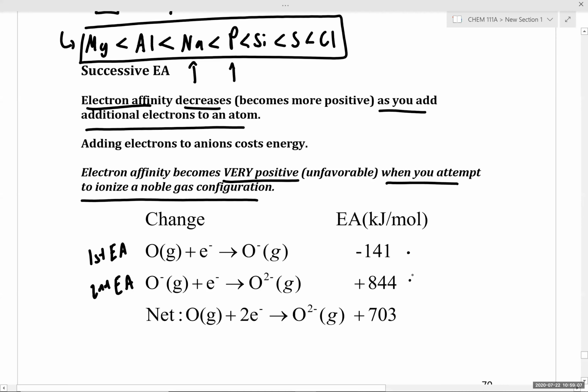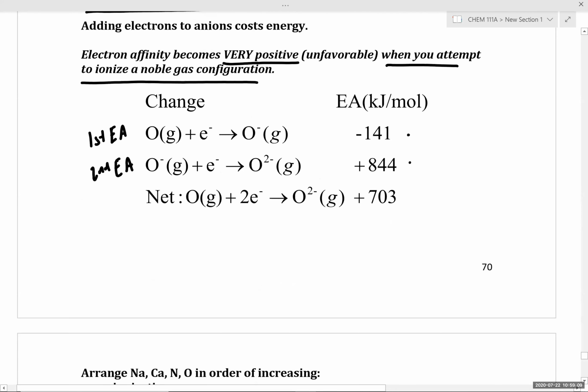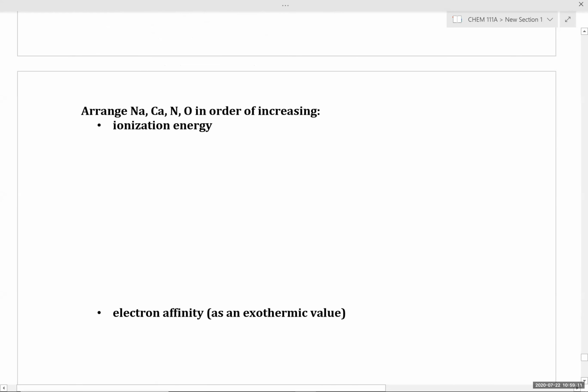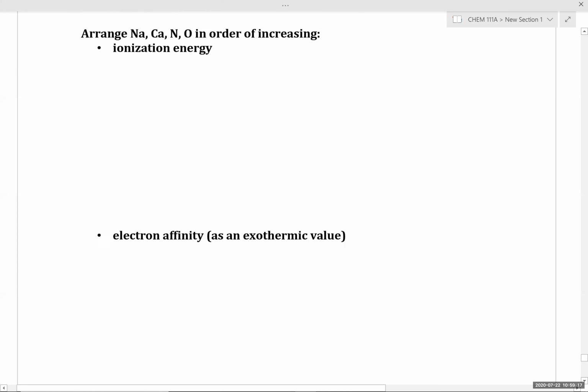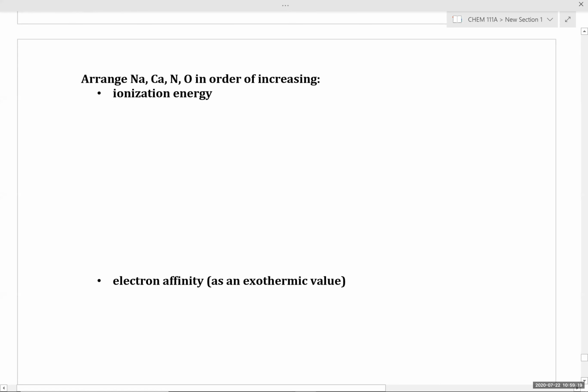Okay, so let's really start to apply what we've learned, and let's try to first arrange sodium, calcium, nitrogen, and oxygen in order of increasing ionization energy and increasing electron affinity. So let's spend about 4 to 5 minutes on this example, and then we'll discuss.